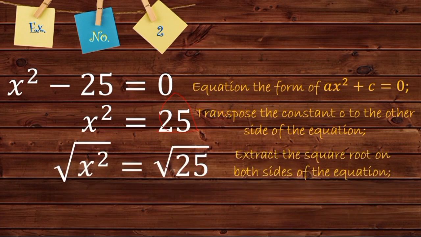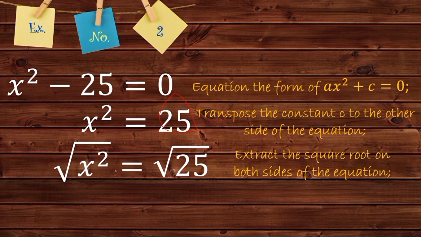Then we extract the square root, or we apply the square root property. When you extract a square root on the left side of the equation, you must also extract a square root on the other side of the equation. That's how equations work. What you did on one side must also be done on the other side.